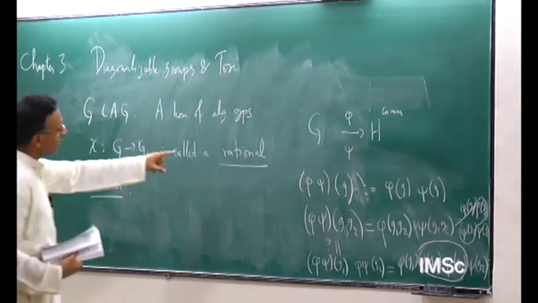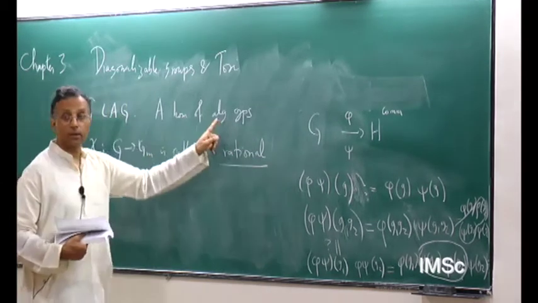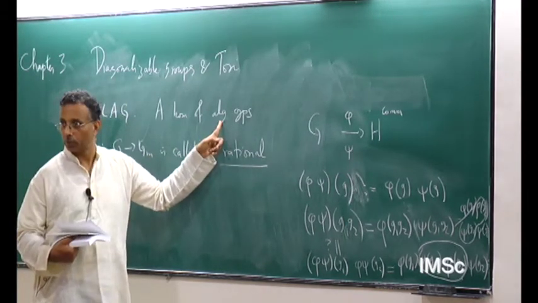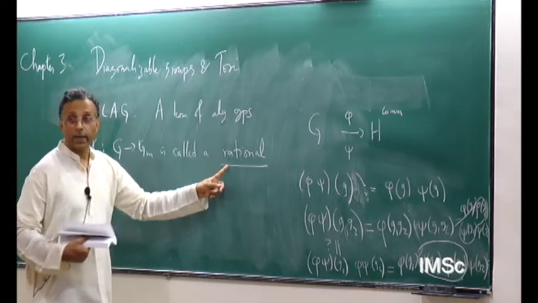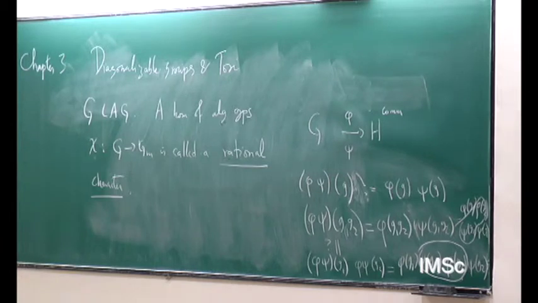Okay, and why do we say rational? To emphasize that it is a homomorphism of algebraic groups. Again, as I said, G acts rationally, we say, on a variety X. You might want to think it is polynomial rather than rational, but as I pointed out before, polynomial has been reserved for a certain special kind of thing.